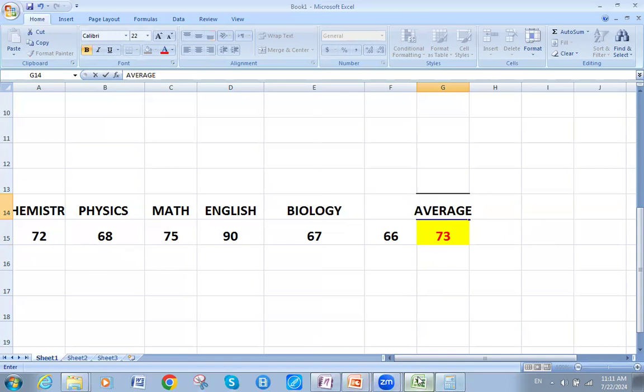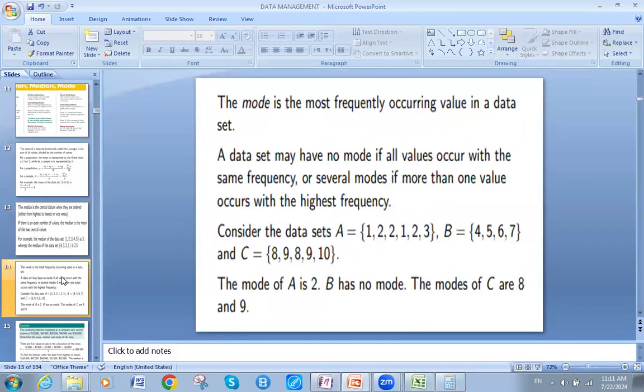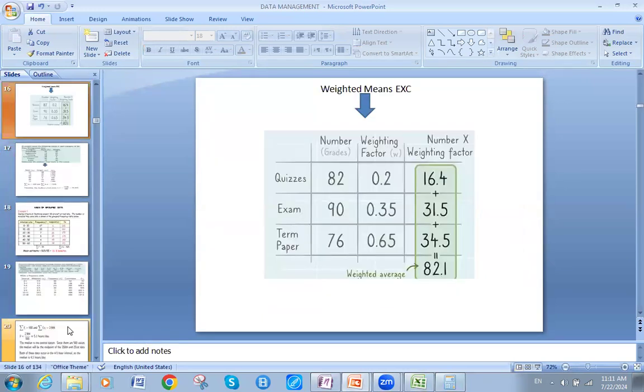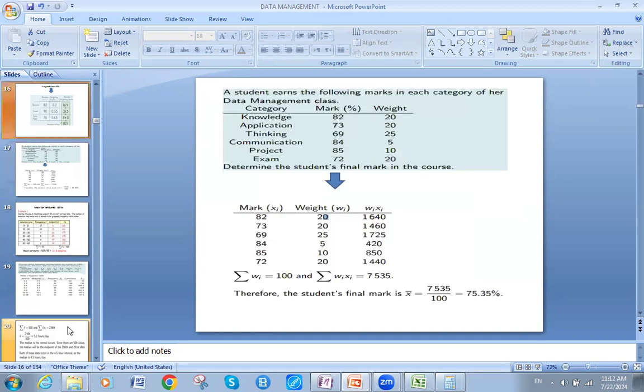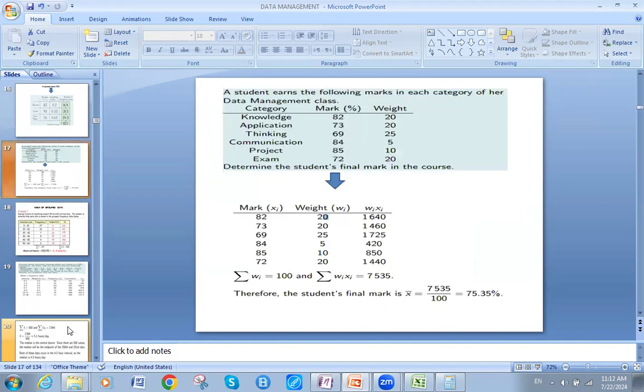Okay, cool guys. We talked here about the average of a group of data. But first of all, let us go for the average first.